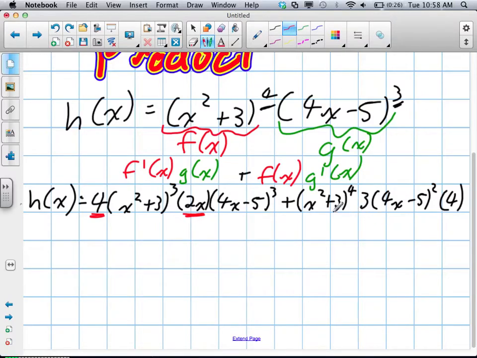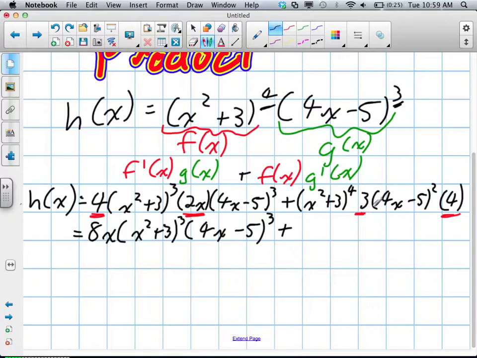And in the other one, well, that leaves us with the numbers 3 and 4. So I'm going to bring those to the front. This will leave us 8x, x squared plus 3 cubed times 4x minus 5 cubed, plus 3 times 4 is 12, x squared plus 3 to the power of 4, times 4x minus 5 squared.